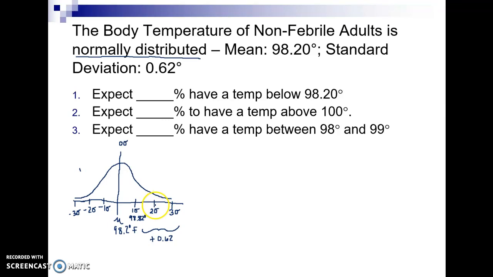So then if I want to know what is the temperature here at the 2 standard deviations, well, that means I have to add the standard deviation 2 times. So I take 98.2, add it once, and that gets me this number. Add 0.62 again, and I get 99.44 degrees.